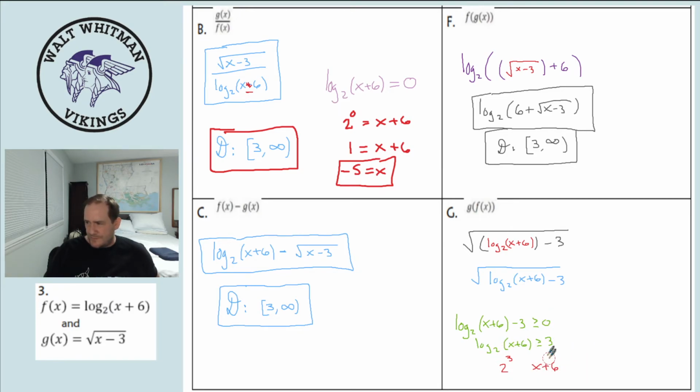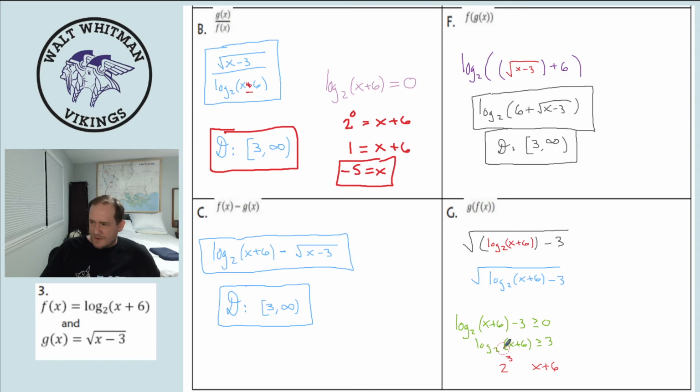But who's supposed to be bigger, right? Who's supposed to be the bigger thing? And I'm literally not sure how to answer that exactly. I know what it should be, but how do I explain that? If we want this log to be bigger than 3, I guess I'll just try to say it.